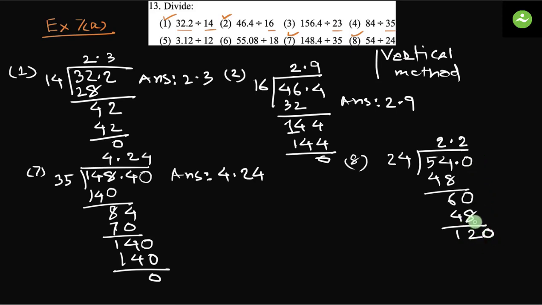So now we need to bring down a 0. Now 24 into 5 is 120. No remainder. The answer is 2.25.